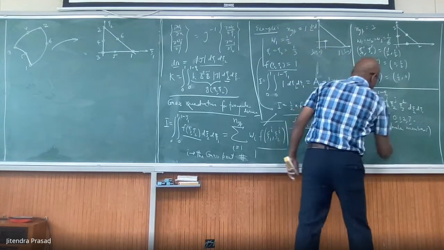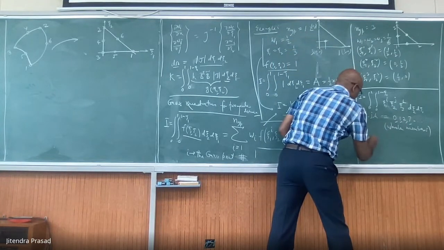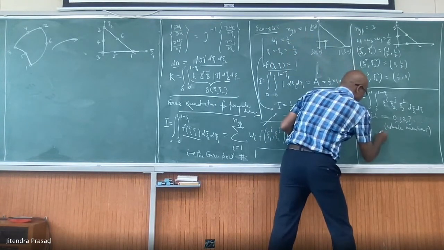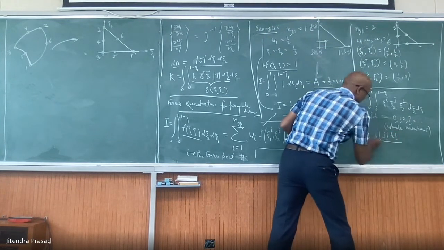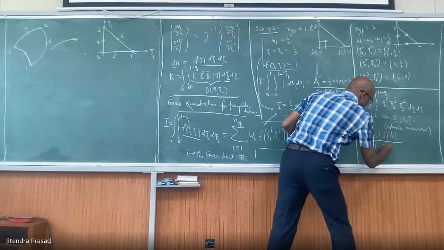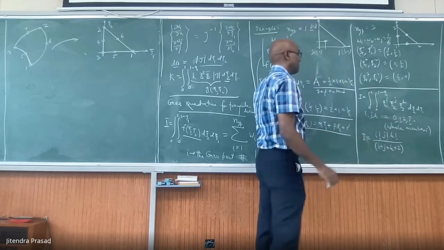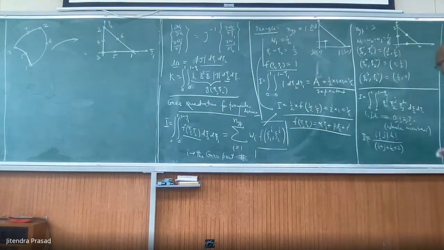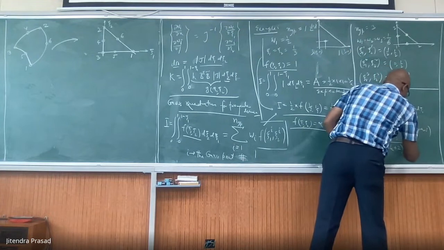And then how do you find out the integral? You can use the formula: the integral equals i factorial, j factorial, k factorial divided by i plus j plus k plus 2 factorial, times two times the area of the triangle.